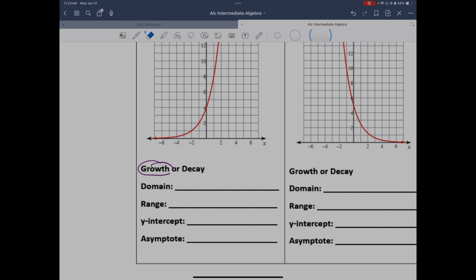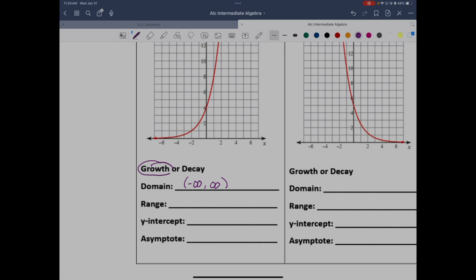In this case, our domain is going to go from negative infinity to infinity. And that will always be the answer for the domain. Anything in this form, that's going to be your domain.